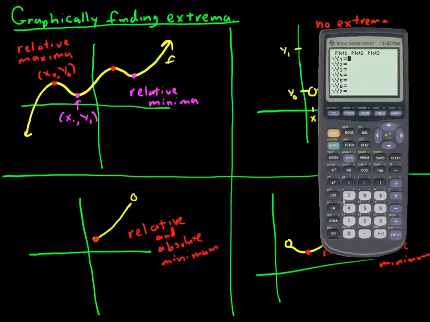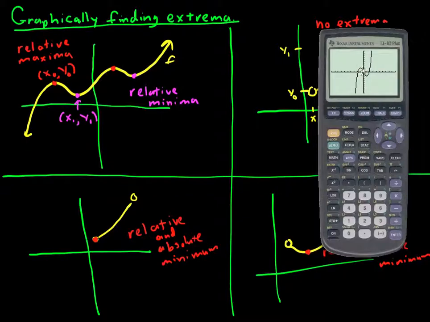So I'm going to just type in, I don't know, a nice cubic function that'll show some useful information. x cubed minus 12x. I'm going to graph that, and wow, let me change that to minus 3x. Make it a little bit nicer. Okay, much better.